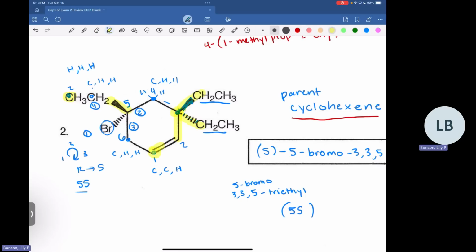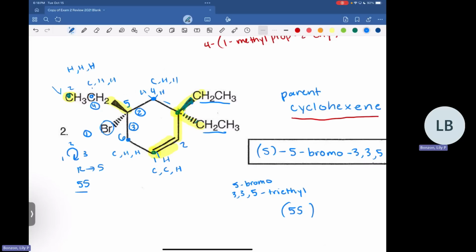This group was bonded to carbon twice because it's a double bond, and then it has a hydrogen. And then the group on the substituent here, it's just a CH3 group, so just HHH. So from there we could determine our priority. So the carbon, carbon, carbon one got second, the carbon, carbon, hydrogen got third, and the hydrogen, hydrogen, hydrogen got the last one.